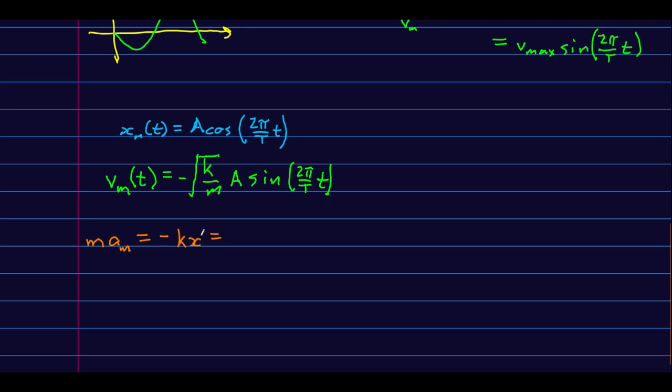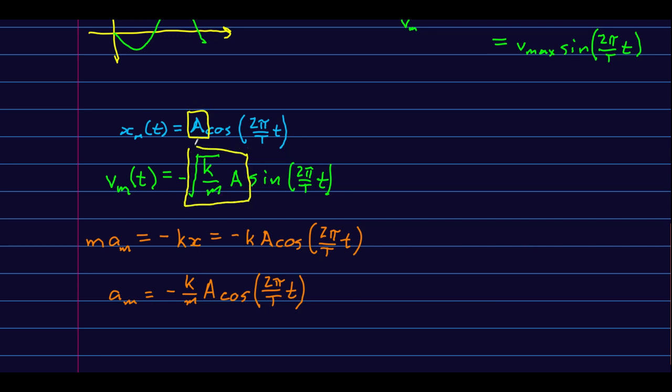And so all I need to do is take the x from up here and plug it in. And so I can solve for the acceleration. And if you look at these three expressions, you'll notice sort of an interesting pattern going on with these factors out front.